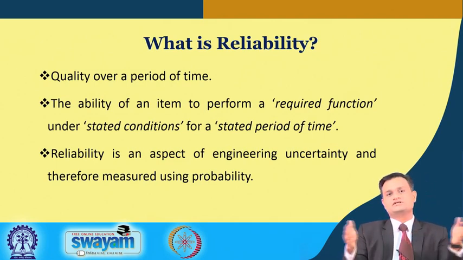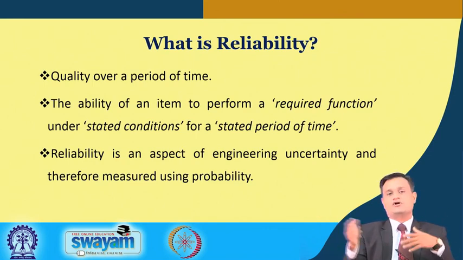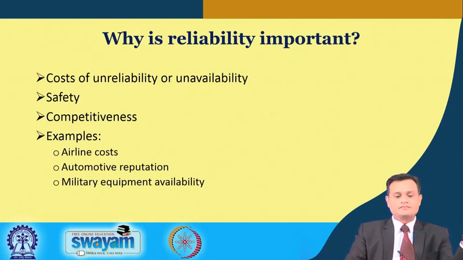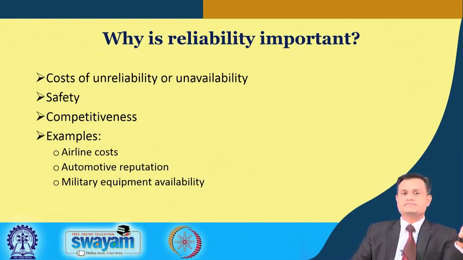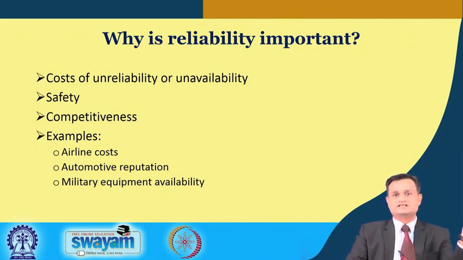I will not say it would be the same, but it should fall within a prescribed range. It should not swing between excellent and worst. So reliability is important. You can just think of examples and you will get sensitized.